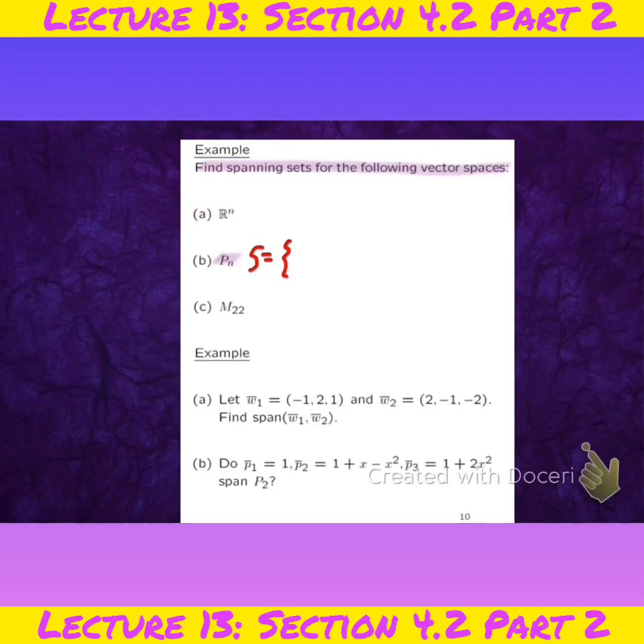It's going to be all polynomials of the following form: 1, x, x squared, carry on up until you get x to the power of n minus 1, and xn. That's a spanning set.